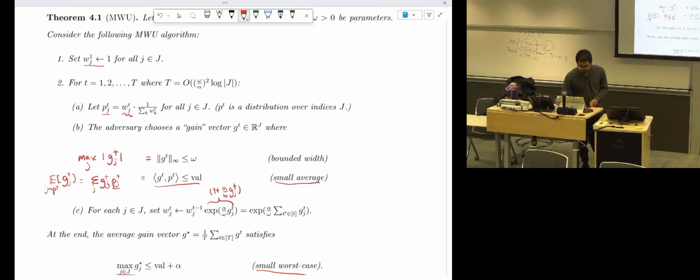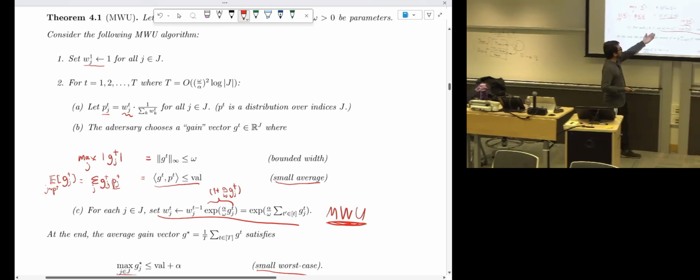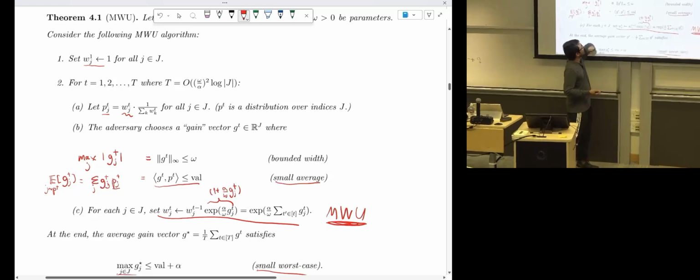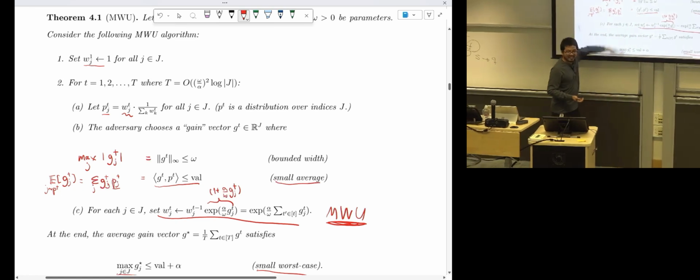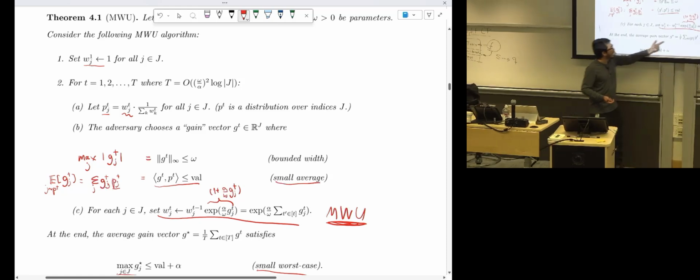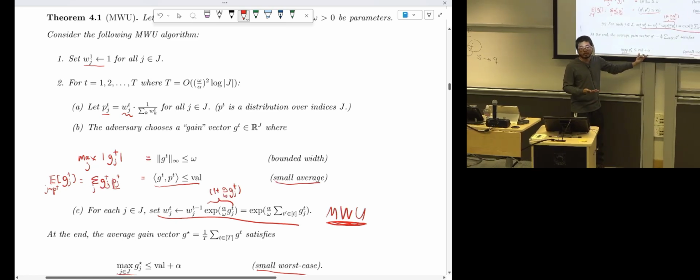And as long as I update my weights multiplicatively, using this MWU step here, then if the gain per day is smaller than val, after T many days, when you look back and look at even the best stock, this one will gain not much more than what you gain per day.